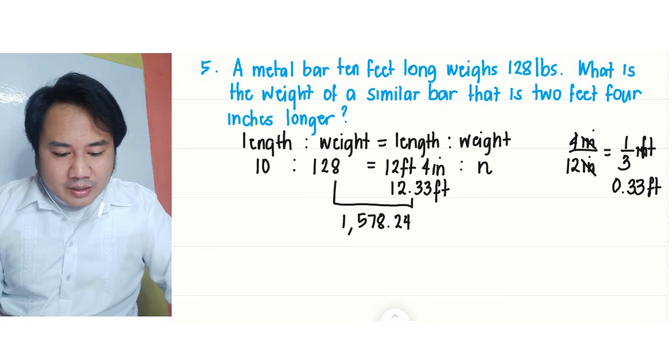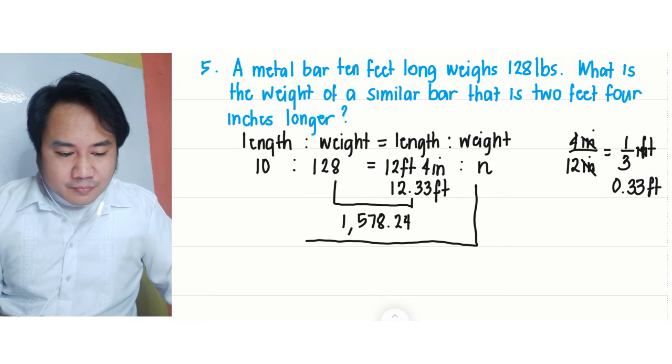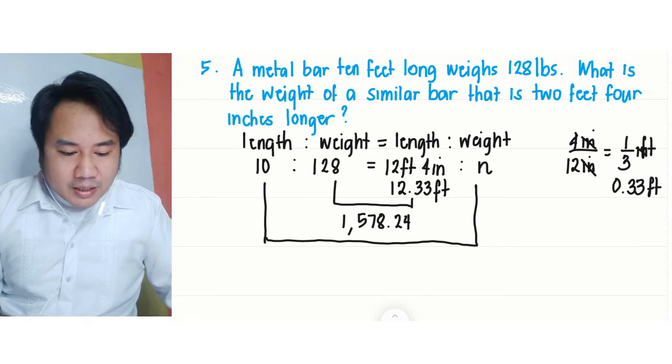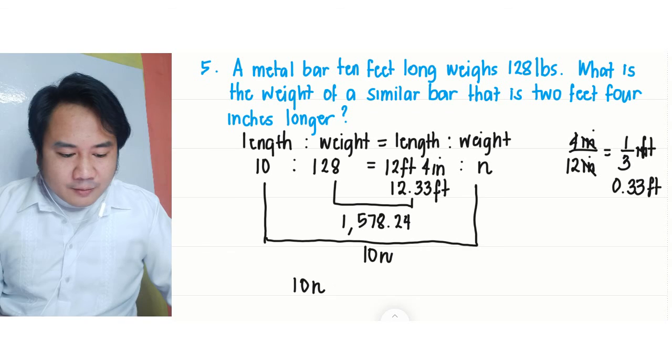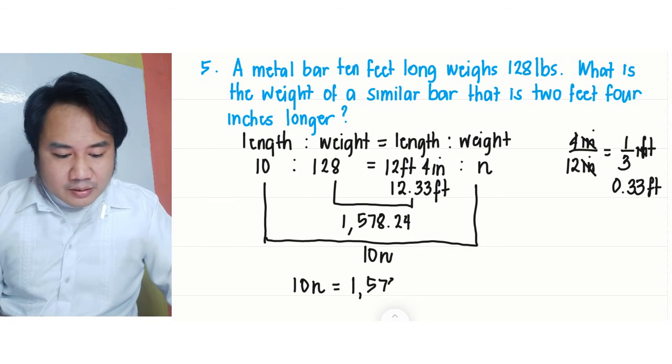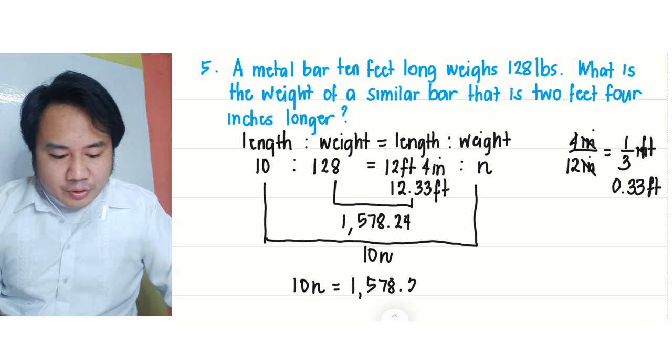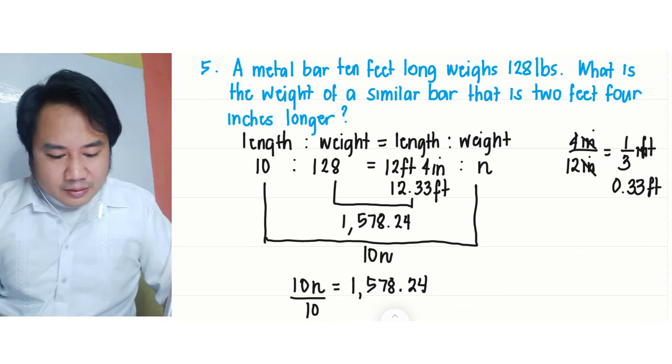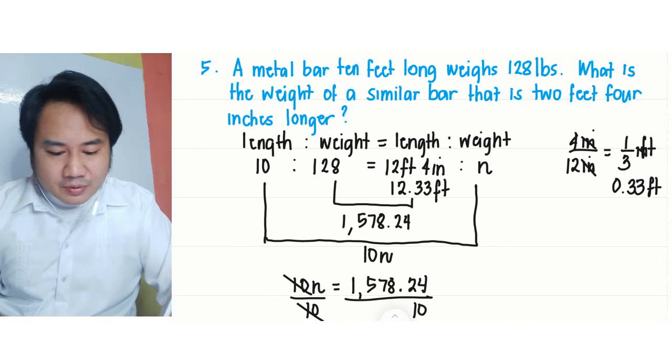1,578.24, and then multiplying 10 by n will give us 10n. And then equate the two to solve for n. 10n is equal to 1,578.24. And then we divide both sides by 10 para matanggal natin yung 10 dito.